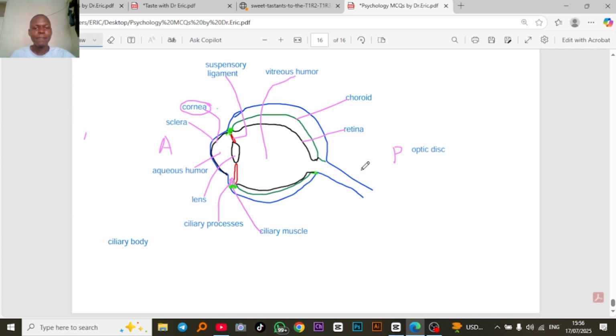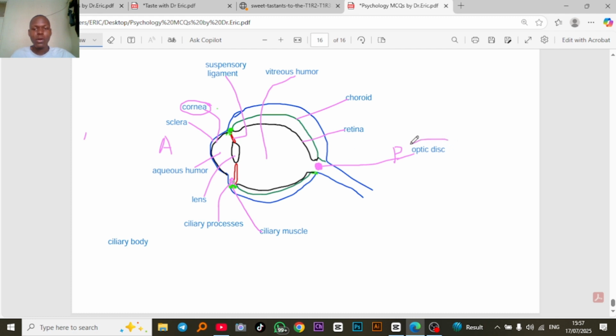And lastly is the optic disc, as we can see this portion here, where we don't have anything like a photoreceptor, but it's just a portion of the eye where the optic nerve, that is the nerve that carries the information from the eye to the brain, and the retinal arteries exit and enter the eyeball.